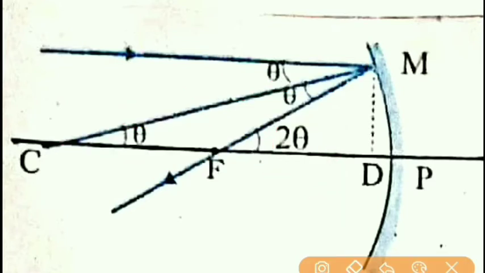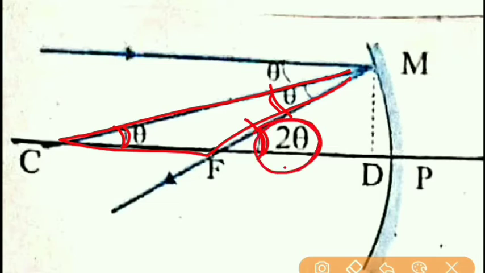So here this angle is an exterior angle of this triangle and these two are the interior opposite angles, and so this exterior angle will be the sum of these interior opposite angles. So theta plus theta is 2 theta. So I hope you understood.